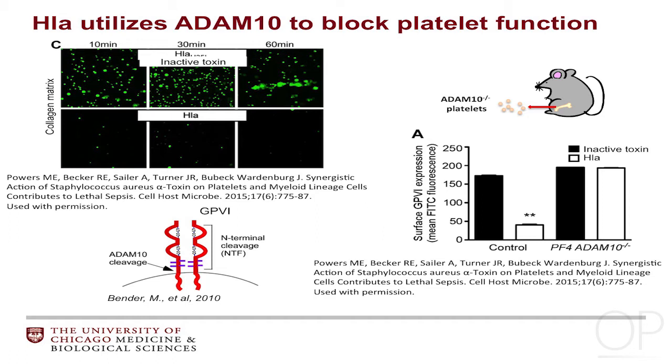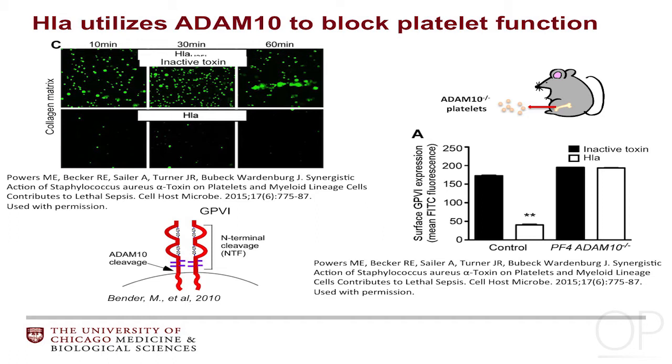What had previously been described in the literature was that ADAM10 is a metalloprotease that cleaves glycoprotein 6 from the surface of platelets and thereby can modulate platelet function. So we took advantage of this knowledge to generate a mouse that has a selective defect in ADAM10 expression on platelets. We hypothesized that this defect in ADAM10 expression would actually protect the platelets from the effect of the bacterial toxin.